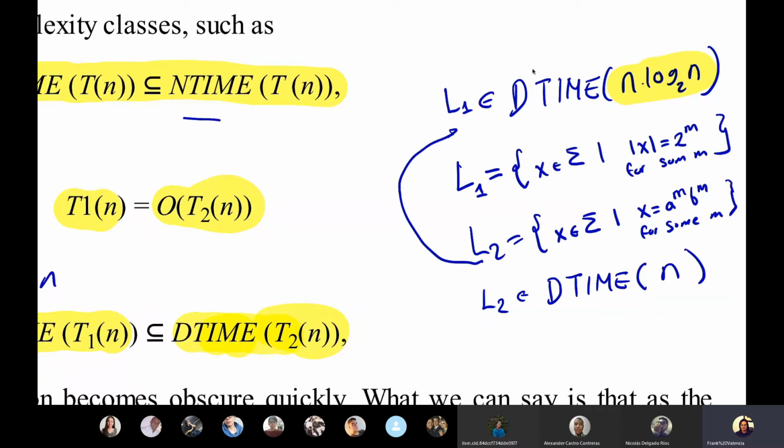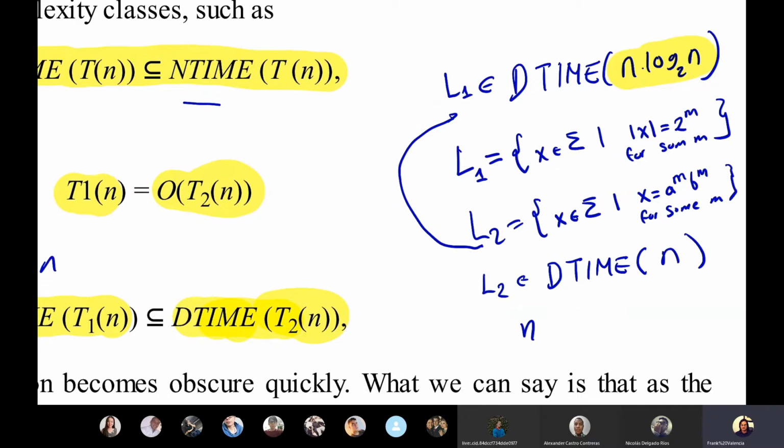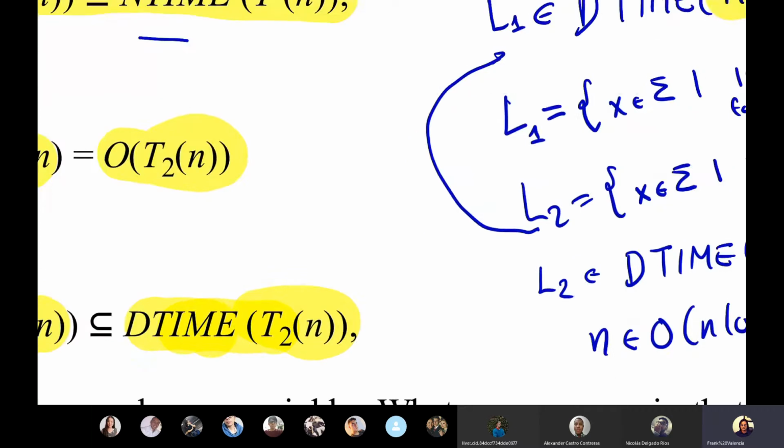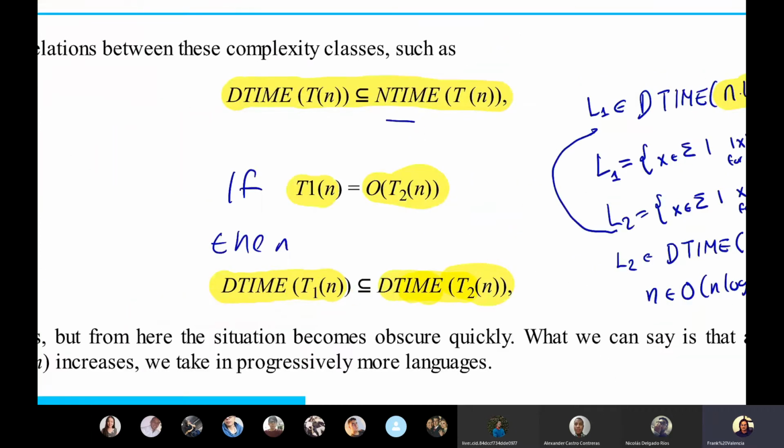That's what Juan said. But since n is of the order n log n, and L2 belongs here, then L2 also belongs to this one. This is what this theorem is saying. So since L1 is here, then L1 is also here. Do you understand that?